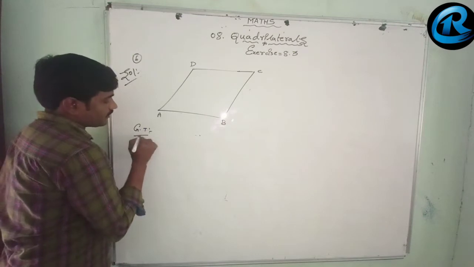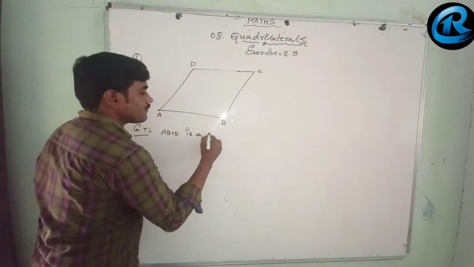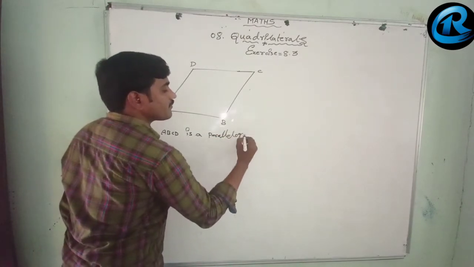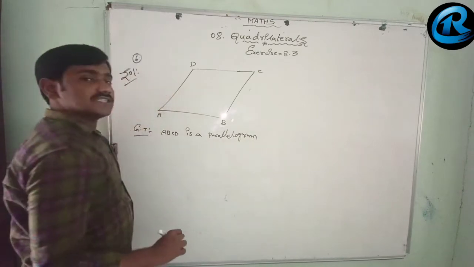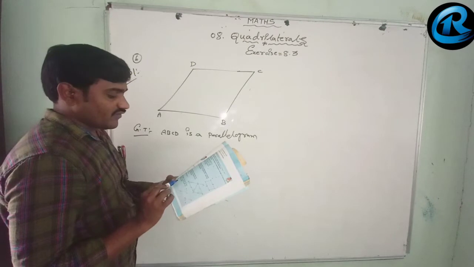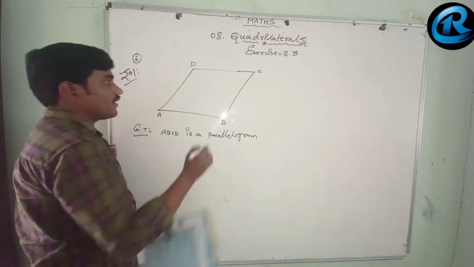Given that ABCD is a parallelogram. In that, AP and CQ are perpendiculars drawn from the vertices A and C on the diagonal BD.